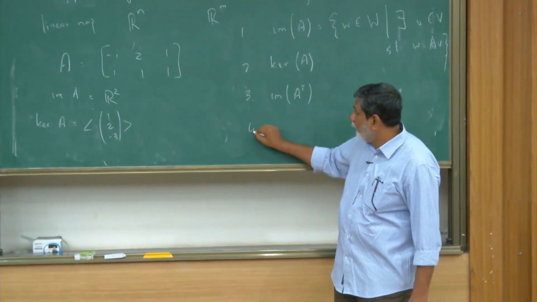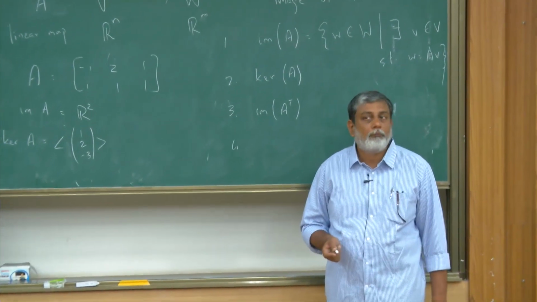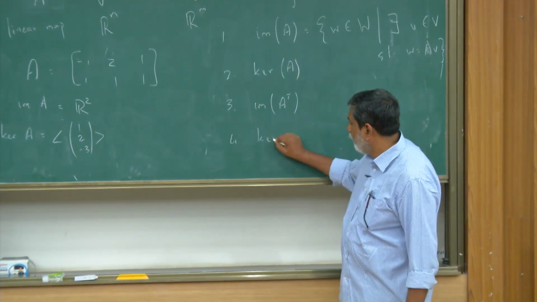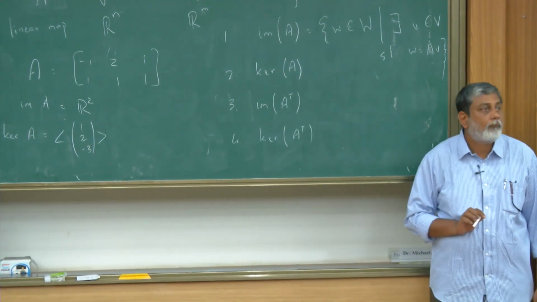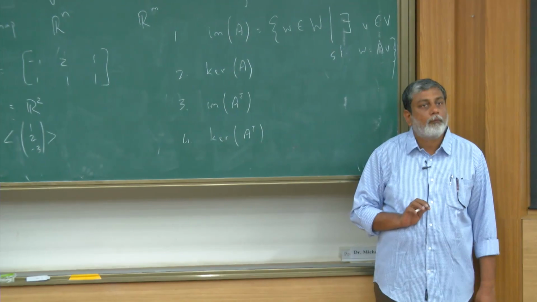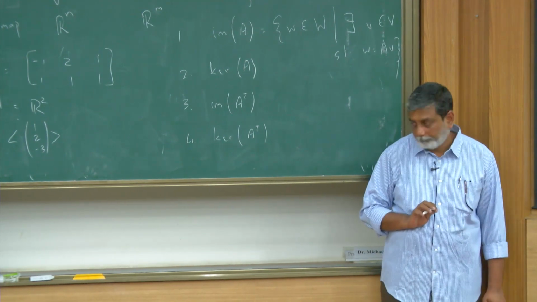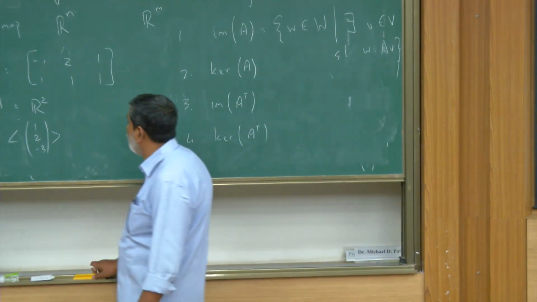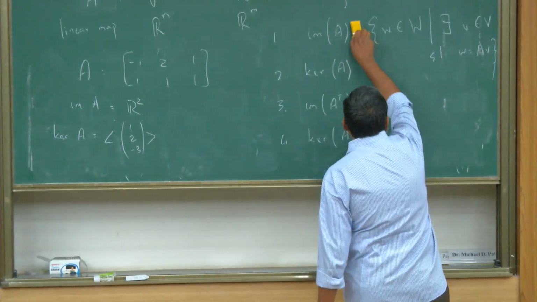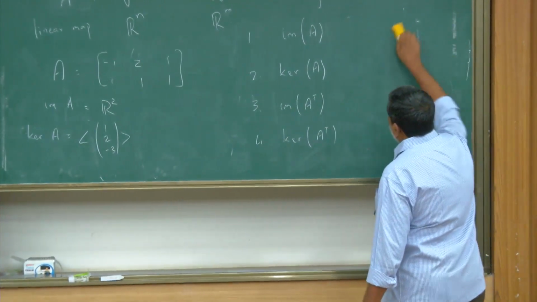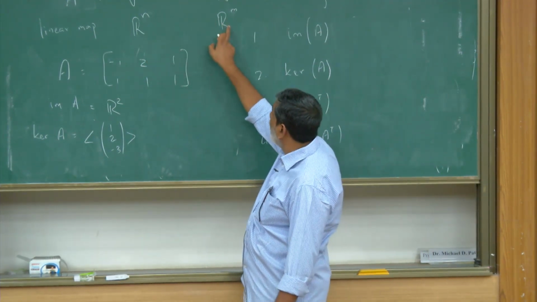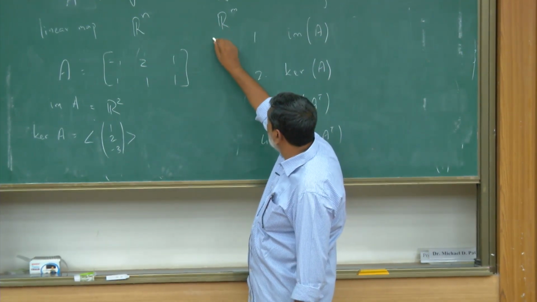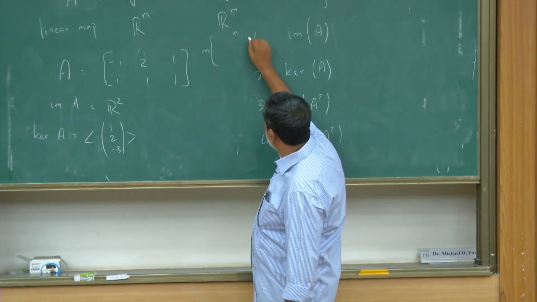And what do you think is the fourth one? It is going to be the kernel of A transpose. If I think of A as a map from Rn to Rm, then A is an M cross N matrix.